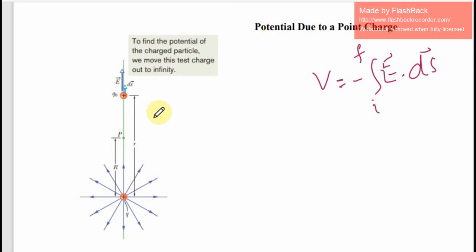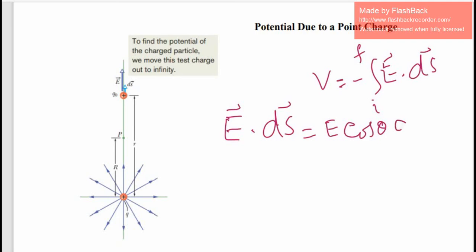Here this is the positive charge. Electric field lines are radially outward, and the test charge is also moving in a straight line. So E dot ds is equal to E cos theta ds.